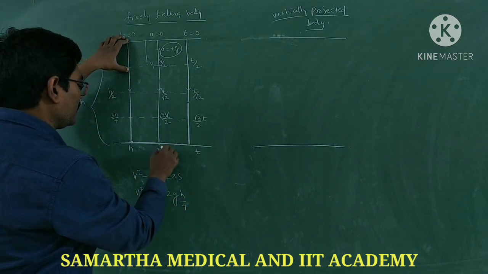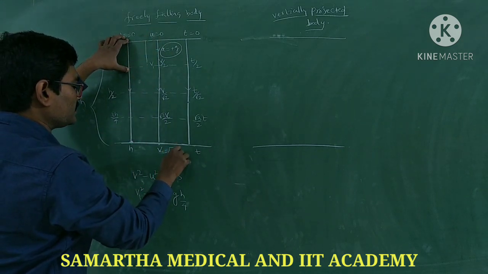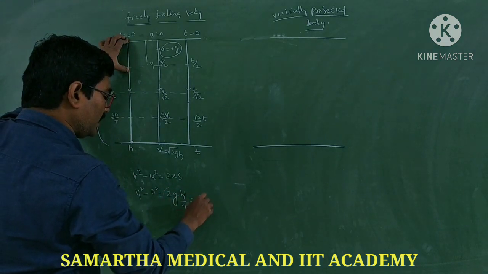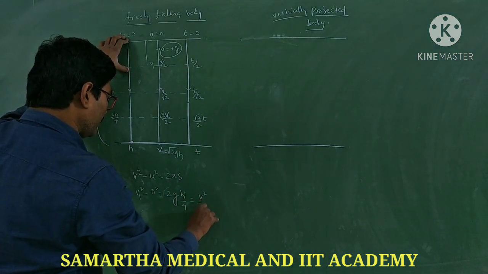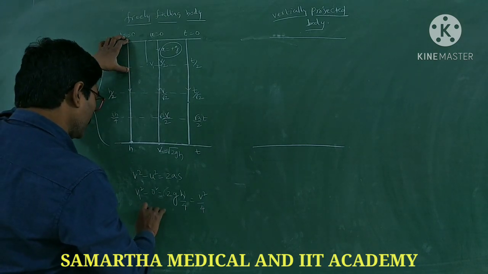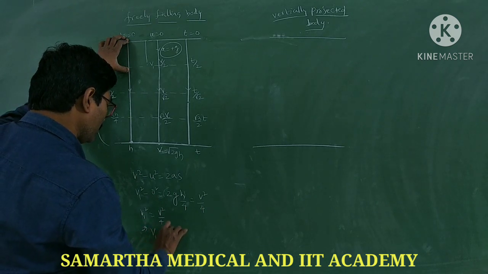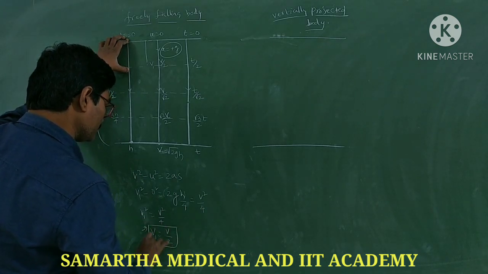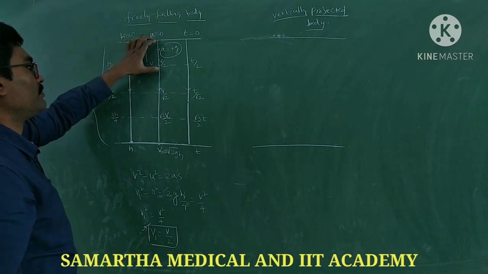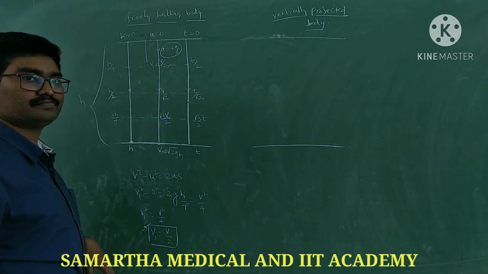You know the velocity by traveling a distance h is root 2gh, so 2gh means v square. So v square by 4. So v1 square is equal to v square by 4. From this, v1 is plus or minus v by 2. So while it is coming down, it acquires a velocity v by 2.